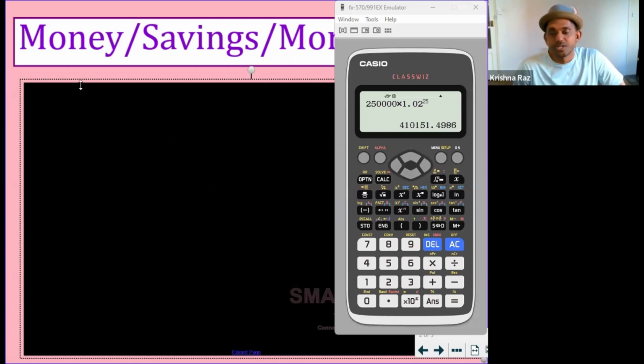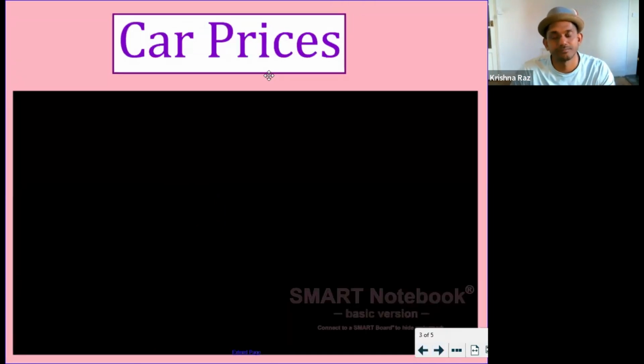Unlike houses, which appreciate, they go up in value, what happens with cars? Exactly, they depreciate. So let's say we buy a car for £20,000, and let's say it goes down by 20% per year.